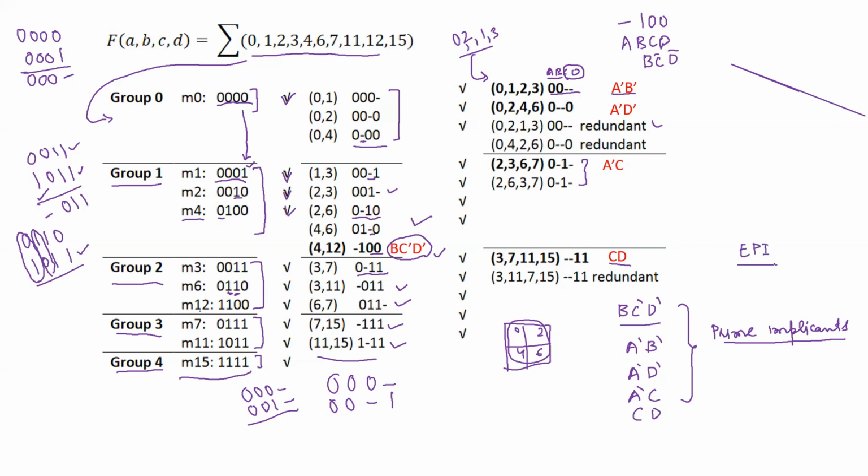We have to look whether any of the terms can be eliminated. If yes, we can eliminate it. How are we going to do that? I'm going to tell you about this.